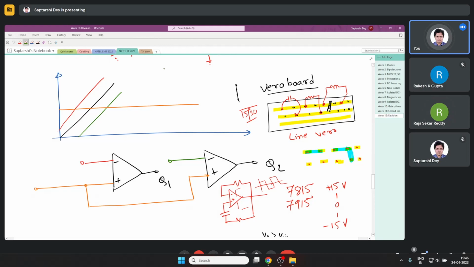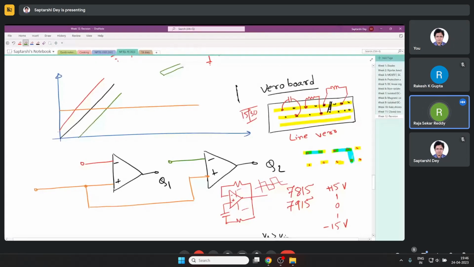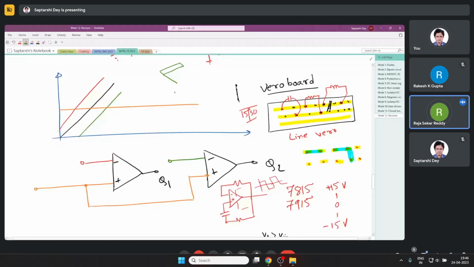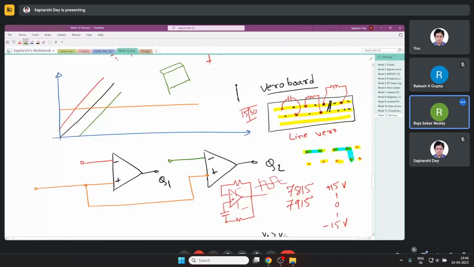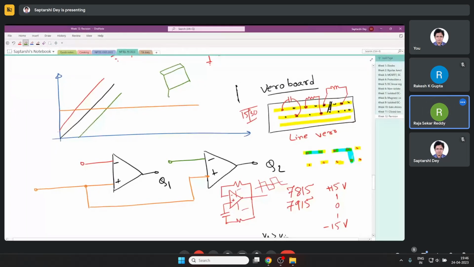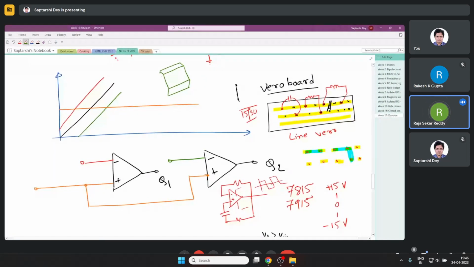They would look like this. Let me draw. You can imagine how it looks like.